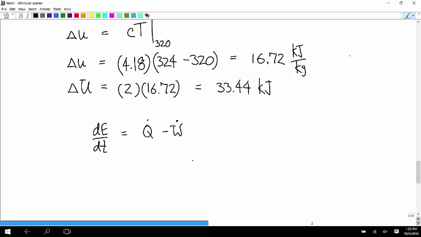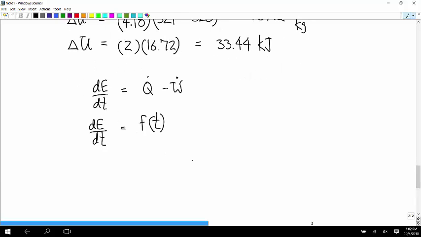And we come up with dE dt is equal to some functions, and those were given as functions of time or as constants or whatever. So we get dE dt is equal to generally a function of time.